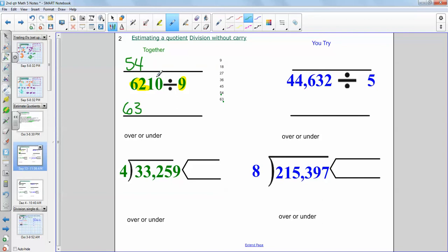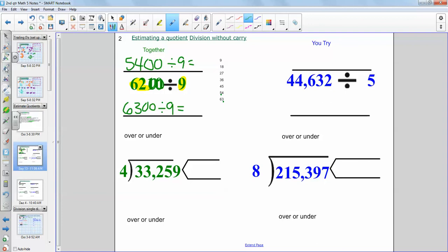Now we're going to use the skills from yesterday. And since we're estimating, we're going to turn these into zeros. So I'm basically saying 5,400 divided by 9, or 6,300 divided by 9.